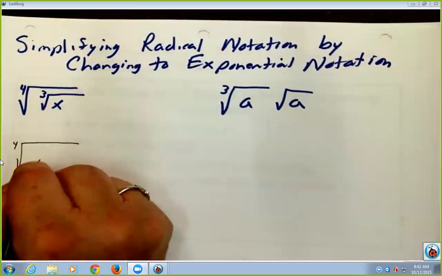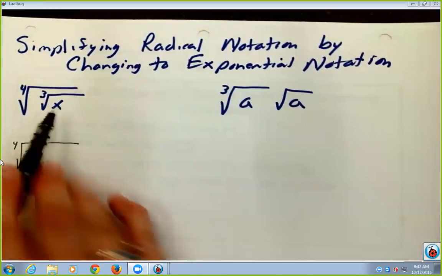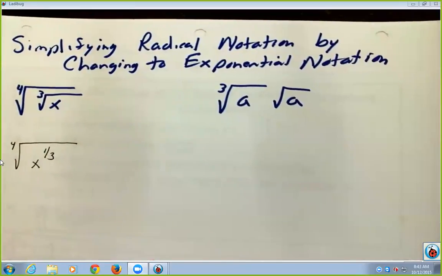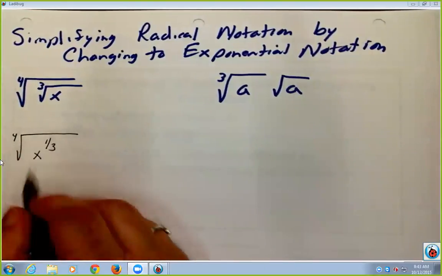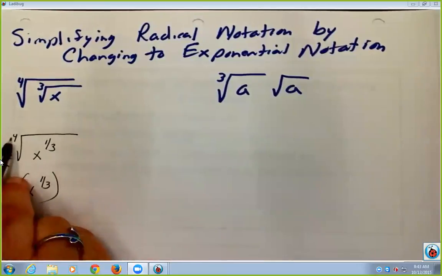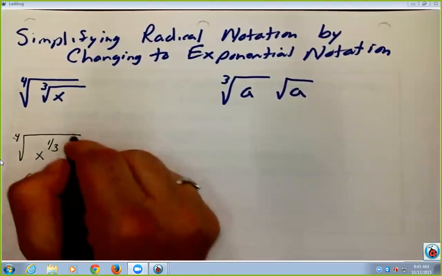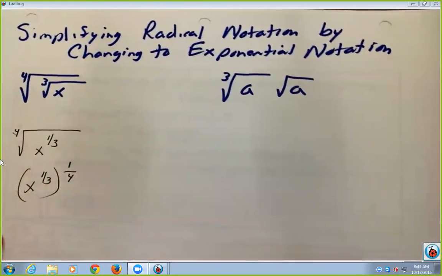This, if I turn it back into exponential format, is actually x to the 1/3. Okay with that? Okay. Then, if I turn the 4th back, it's x to the 1/3. This is our denominator. Our numerator, or our exponent, happens to be 1 when I'm dealing with this.